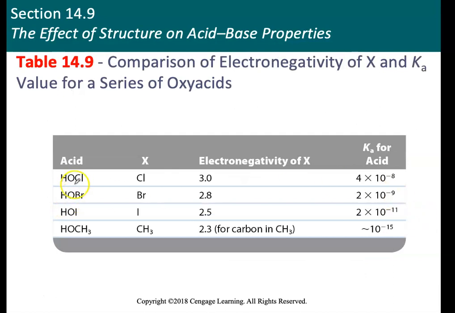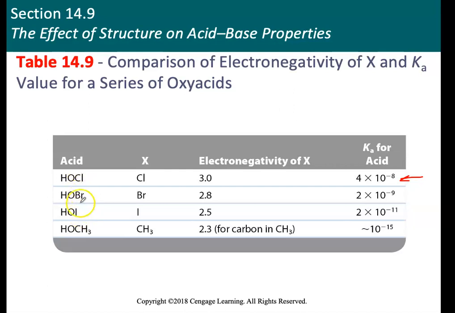Now, if you look at the H-oxygen-X bond, you can see the trend too. When you have a highly electronegative group, the acid strength is the highest, compared to the low electronegative group.